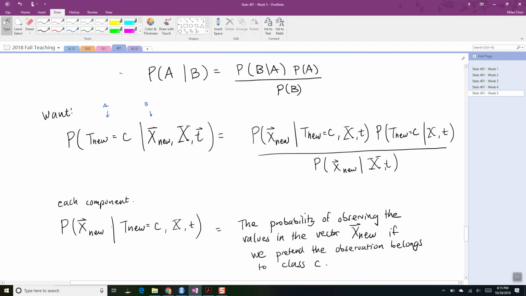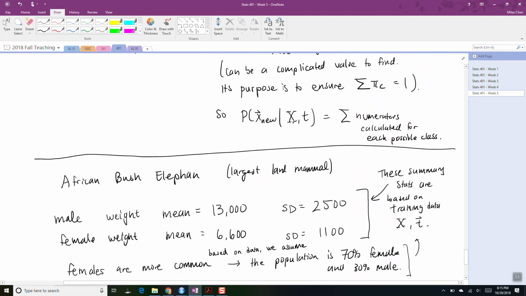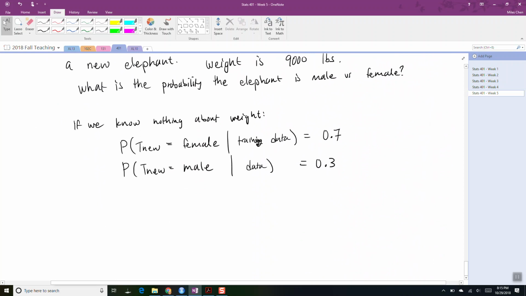The other part of our numerator is the probability of X nu given T nu equals our class and our data.